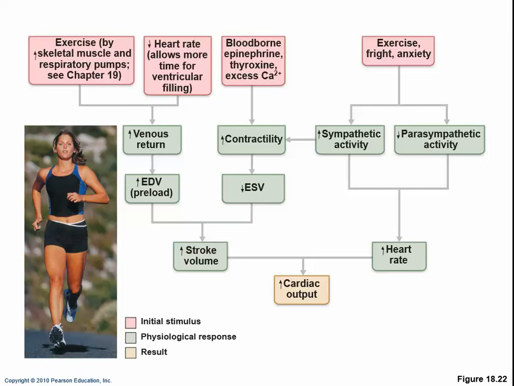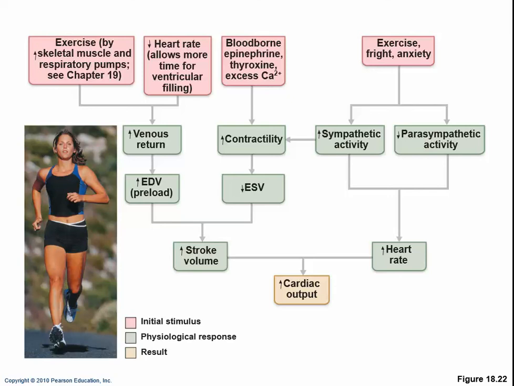Taking a deep breath decreases the pressure in your thorax, which actually sucks blood back to your heart. So it increases the venous return. Having a low heart rate increases venous return because there's more time. Increased venous return gives you more end diastolic volume, which then increases the stroke volume, which then increases the cardiac output.